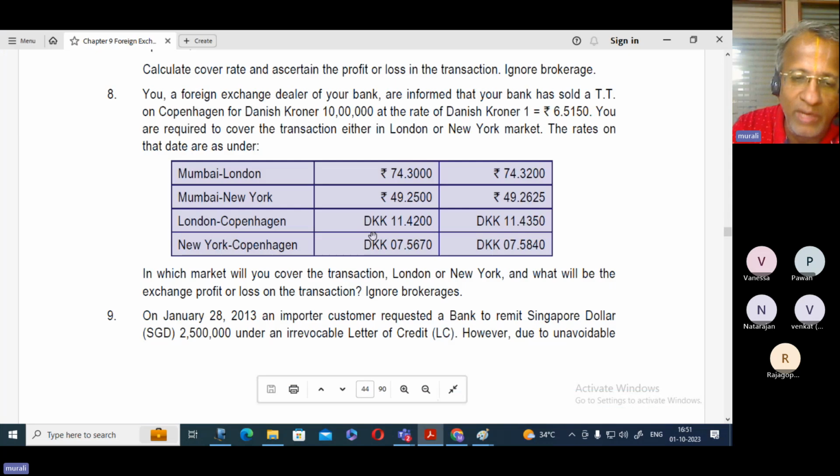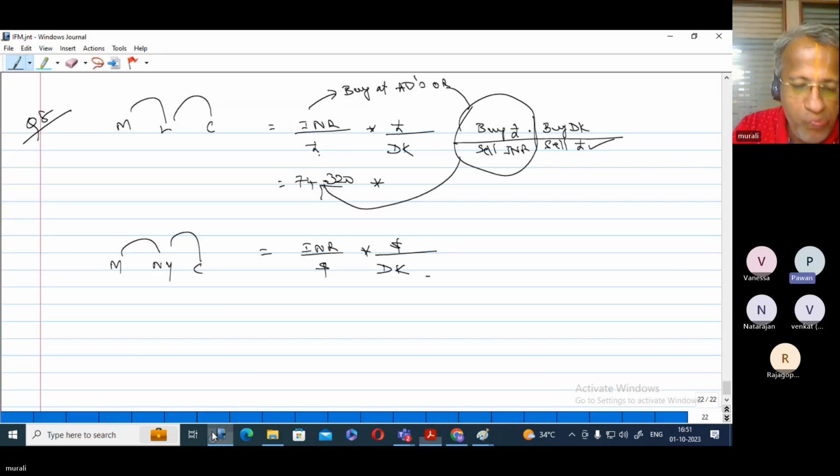And the quote is available for 1 pound. Isn't it? Yes, sir, but I'm starting from the Danish kroner point of view. First, it was buy Danish kroner. There is no compatibility. Therefore, we are taking the transaction as sell pounds. For selling pounds, we have to sell at the authorized dealer's bid rate. So we are taking 11.42.